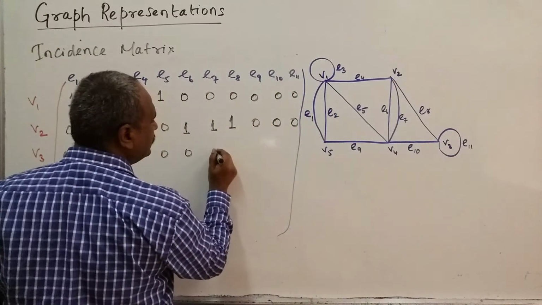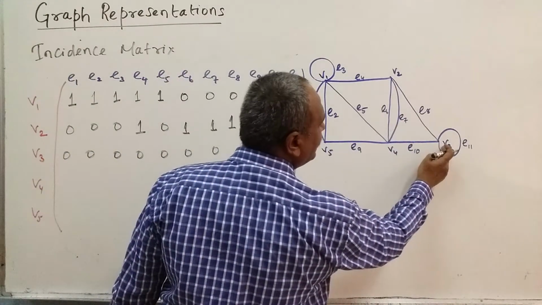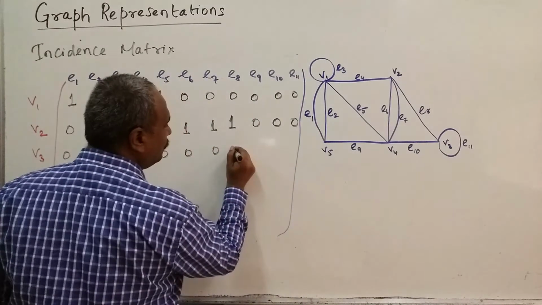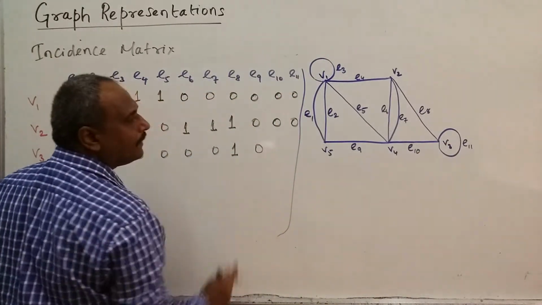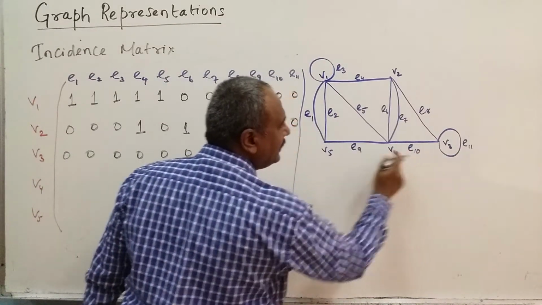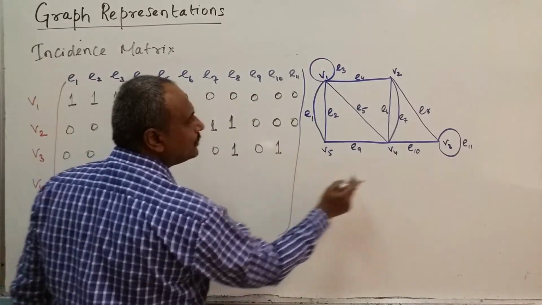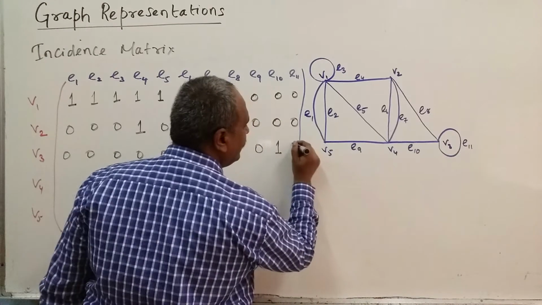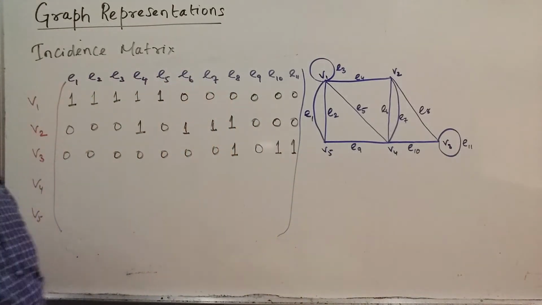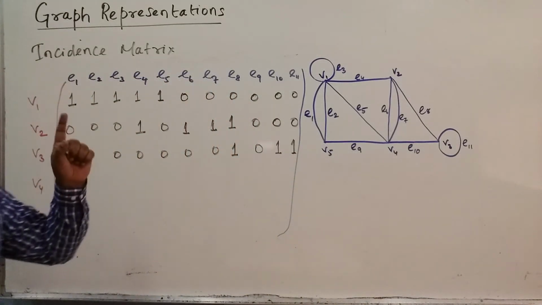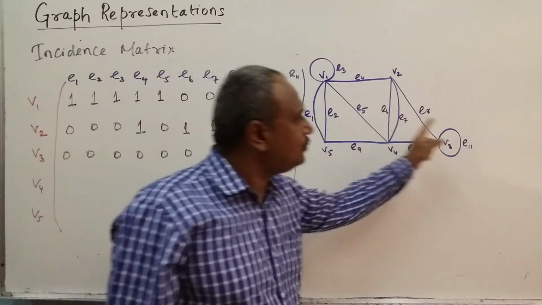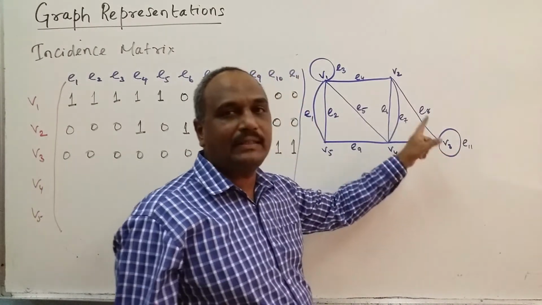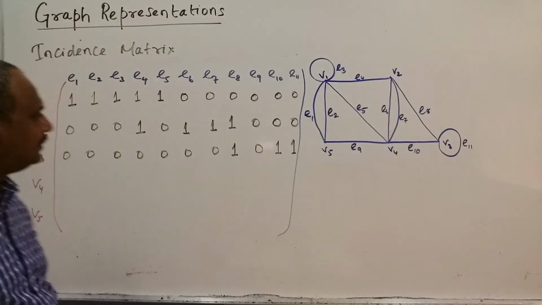V3, E7, 0. V3, E8, yes, 1. V3, E9, 0. V3, E10, yes, 1. V3, E11, yes, 1. So if there is a vertex through which the edge is passing, then we are going to take the number 1.